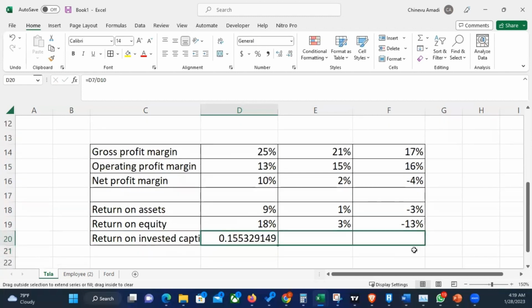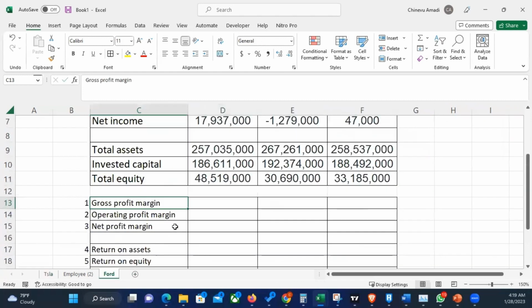So for those investors, you also want to know how much return both equity investors and debt investors were able to make when you put them together. So it will be net income divided by total invested capital. You can see that that's improved, right?